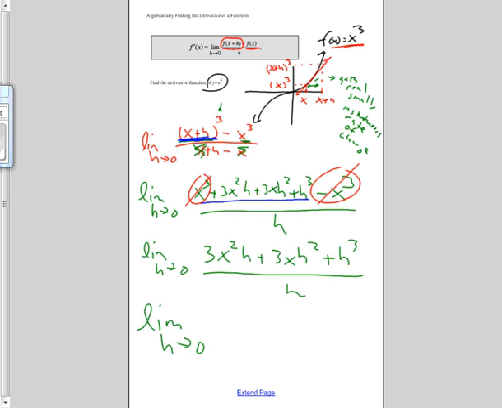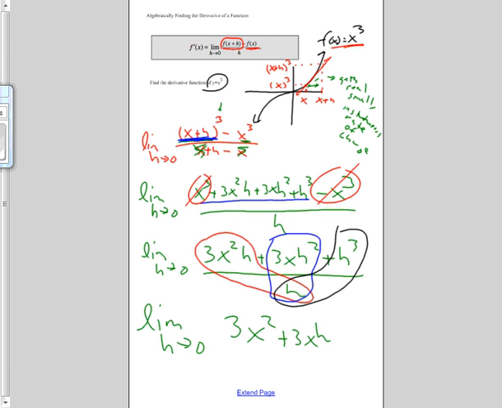Looking at the first fraction, that is 3x squared. The next fraction is 3xh. And the very last fraction is h squared. So now we've gotten h out of the denominator.